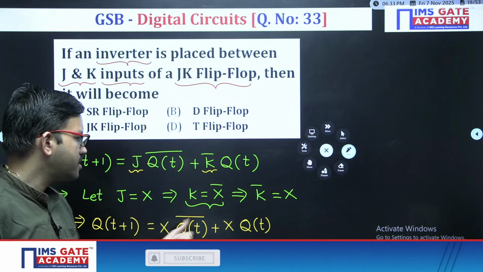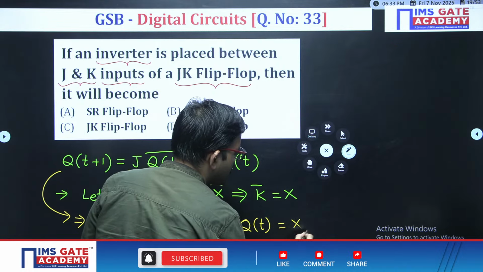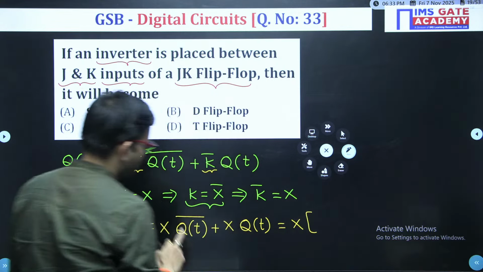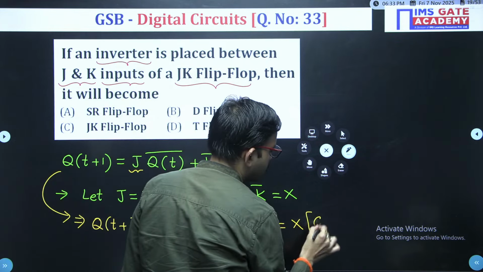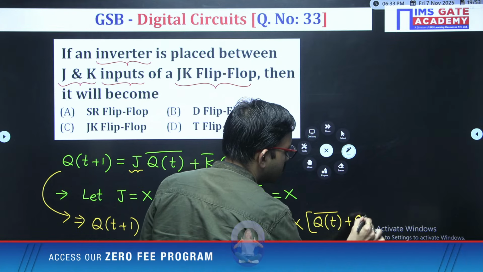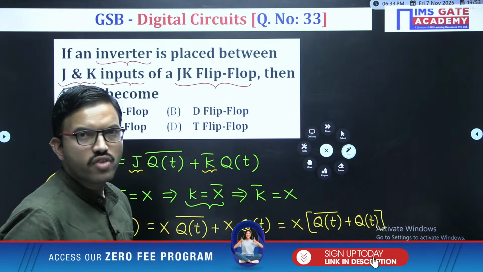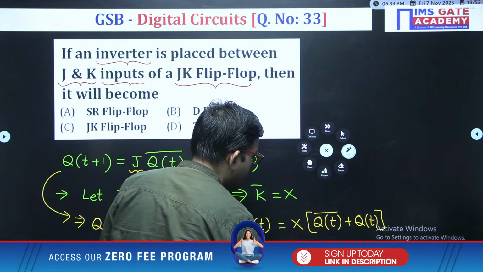We can take X as common from these two terms. Then you are getting Q bar plus Q. So Q bar plus Q is nothing but 1. So finally you are getting X.